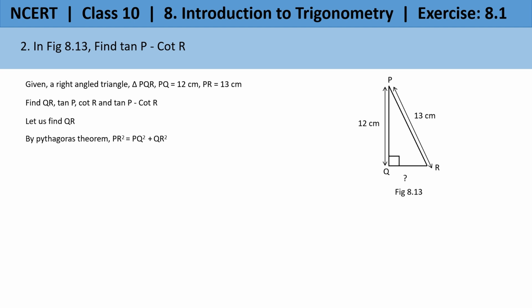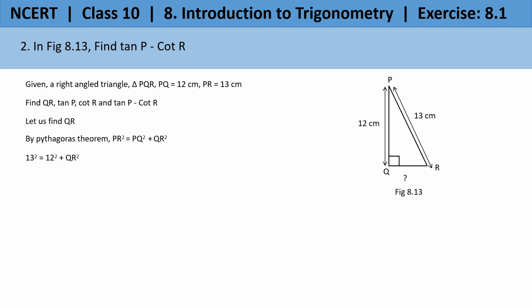We can use Pythagoras theorem. In right-angled triangle, hypotenuse square is equal to sum of squares of other two sides. PR square is equal to PQ square plus QR square. 13 square is equal to 12 square plus QR square.